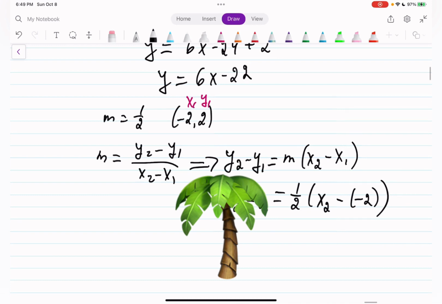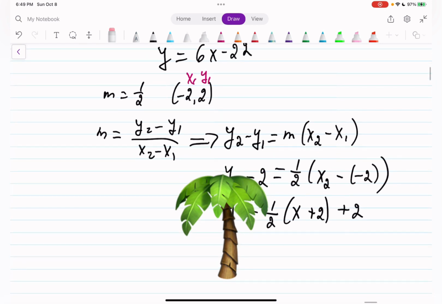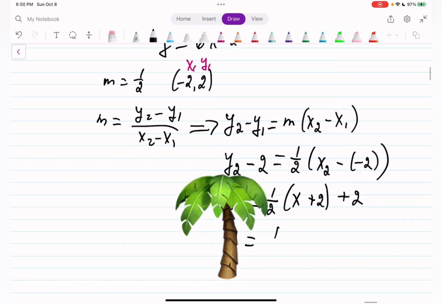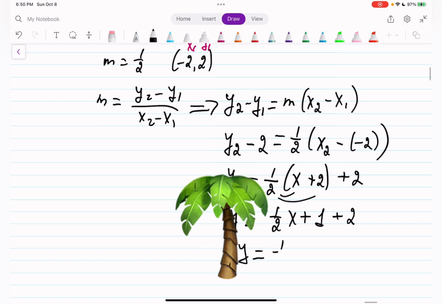And we are getting y2 is equal 1/2 x2 plus 2, and this negative 2 moving over will be plus 2, right? And since, like I said, we have only one y, one x, makes no sense to put index, so there is nothing to confuse. And let's simplify. 1/2 x plus 1, here multiplying, and plus 2. And we are getting y is equal 1/2 x plus 3. Okay?